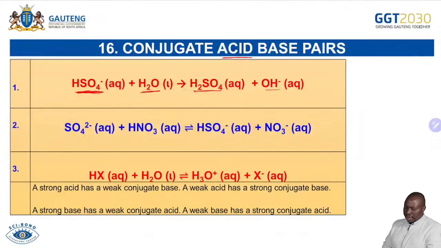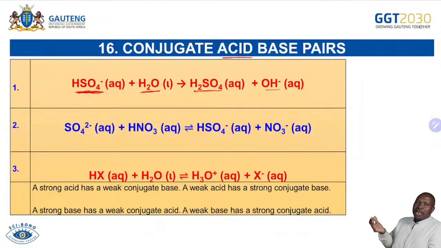So you see that one must be an acid, one must be a base. On the left, we said we have only an acid and a base. On the right, we have a conjugate acid and a conjugate base. So what am I saying? When you look at HSO4 minus, you see that it is one hydrogen deficient, like it's running short of one hydrogen, but H2SO4 has one H plus extra as compared to this one. So the one with more hydrogen ions is an acid.